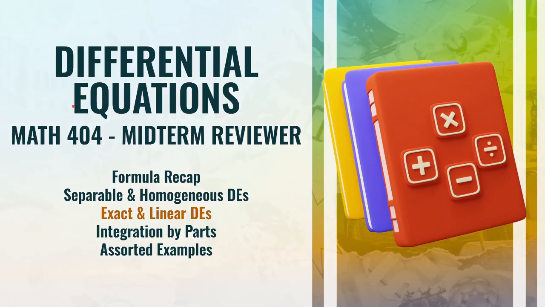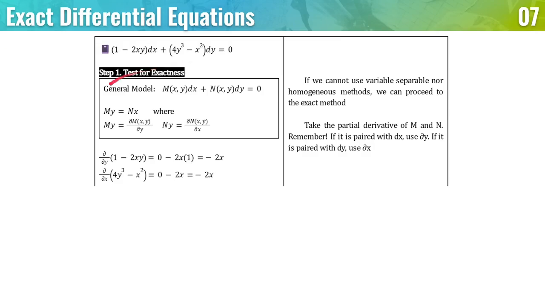So now we proceed to exact and linear differential equations. Just like separable and homogeneous DEs, these ones are very much interconnected. So for the first example under exact differential equations, let's assume we have tested variable separable and homogeneous, and it still didn't work. So now we proceed to the test for exactness.